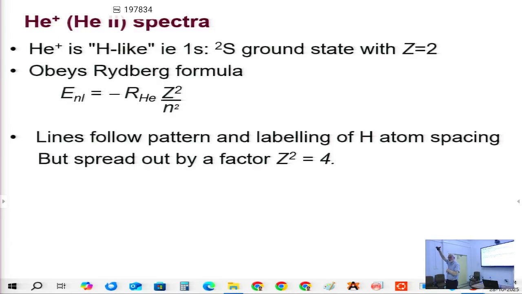Basically, you get half-integer quantum numbers if you take a hydrogen spectrum and you have a bit of helium in there. Because of this Z squared thing, it's equivalent to having n equals a half. It gives you the same effect. So if you mistake a hydrogen spectrum with a little bit of helium, you can confuse yourself and think you get half-integer quantum numbers. So it's spread out by a factor of Z squared.